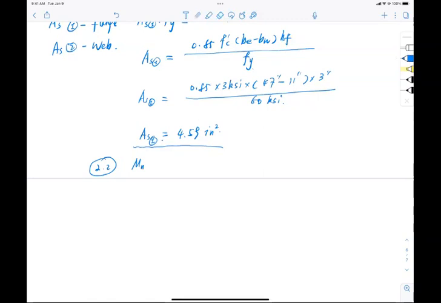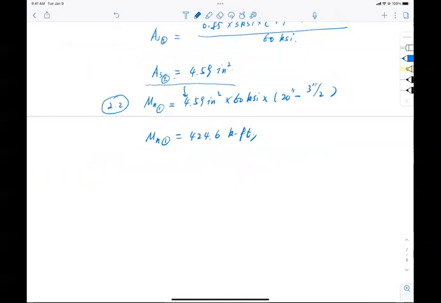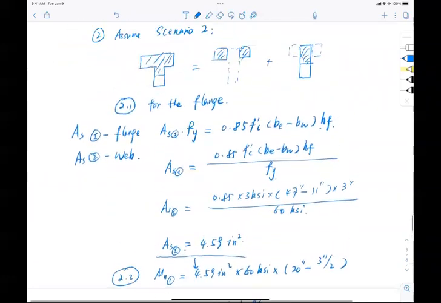Why I always use 2, Mn1 equals 4.59 inch squared, that is this reinforcement area, multiplied by Fy 60 ksi, and then multiplied by the lever arm, that is d_s 20 inch minus h_f divided by 2, so 3 inch divided by 2. And then Mn1 would equal 424.6 kip-foot. Okay, so that is what we're doing with the flange.